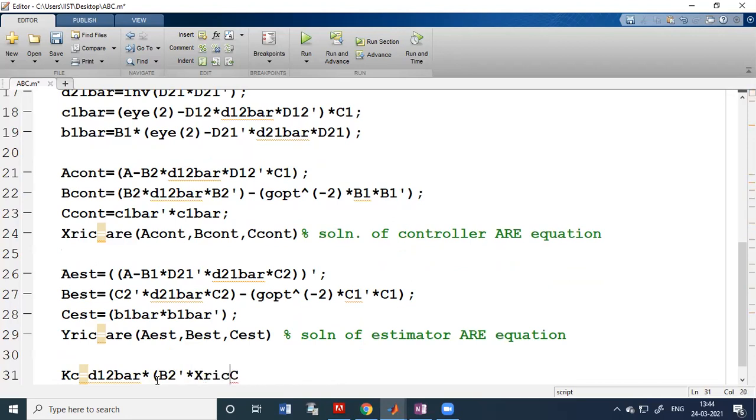X rig plus D12 transpose into C1. Okay. So let us see what is happening up to this much.